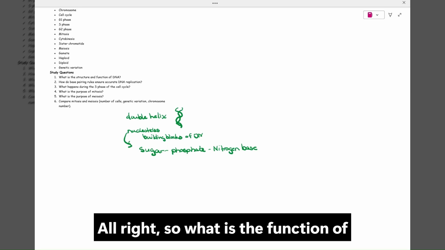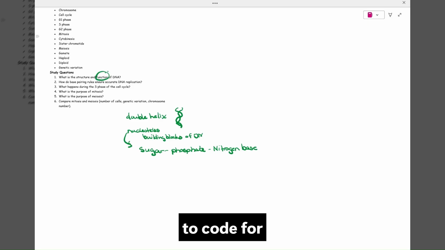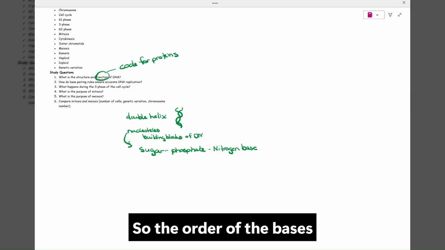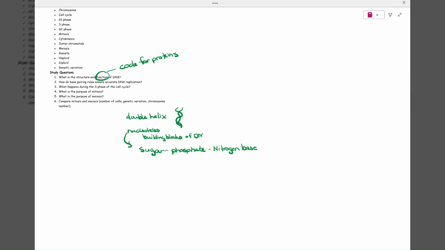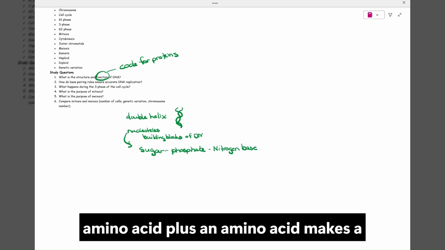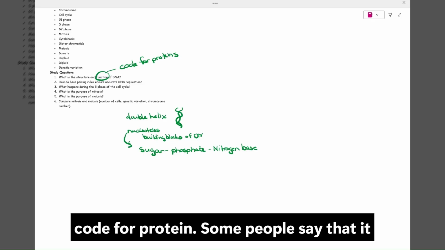All right, so what is the function of DNA? So the function of DNA is to code for proteins. Right? So the order of the bases determines the amino acid. An amino acid plus an amino acid makes a protein. So the function of DNA is to code for proteins.